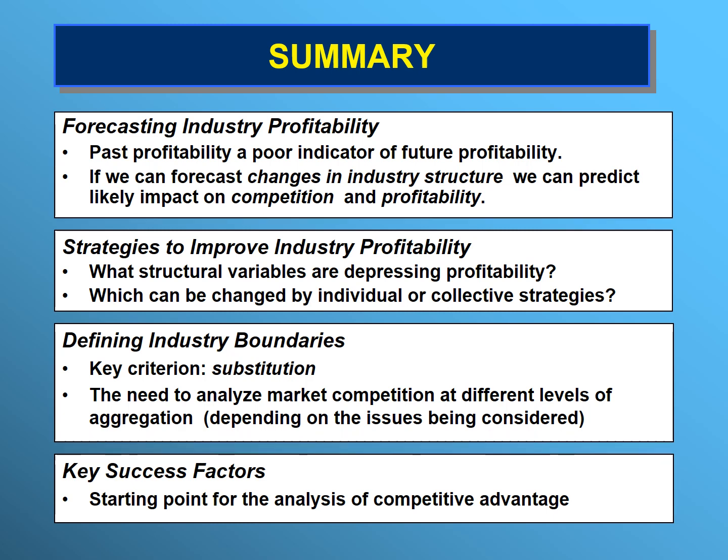Strategies to improve industry profitability: what structural variables are depressing profitability, which can be changed by individual or collective strategies. And defining industry boundaries. The key criterion is substitution, and the need to analyze market competition at different levels of aggregation. And the key success factors are the starting point for the analysis of competitive advantage.